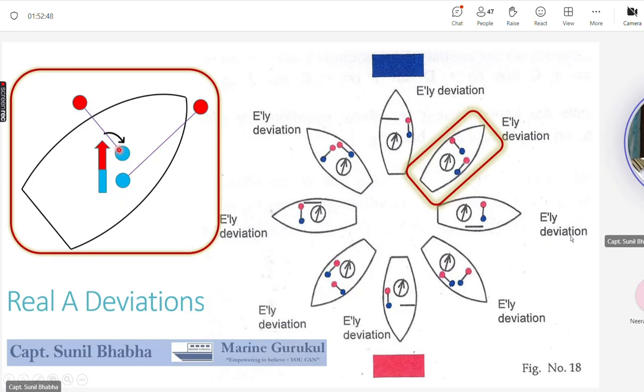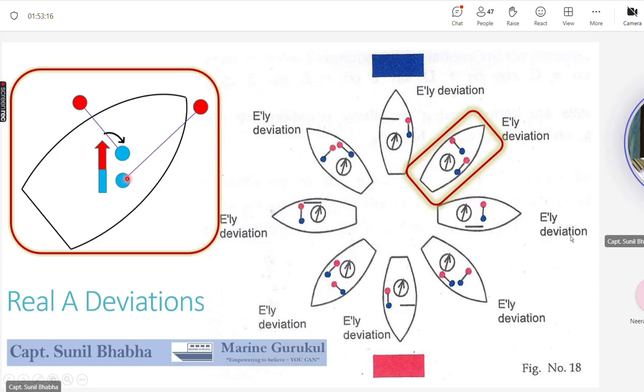Now one doubt may arise that since there are two blue poles now, the deviation generated will be more powerful, but that is not the case. Reason being, even though two poles are generated, both of them have partial power. Why is their strength partial? Because they are not perfectly aligned with the magnetic field of the Earth.